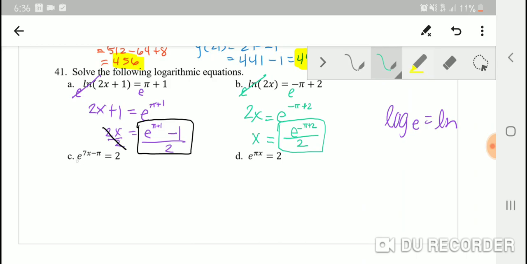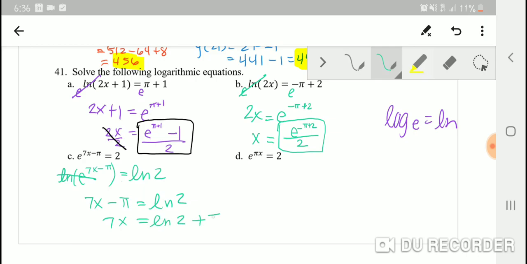For letter C, this is an exponential, so I need to use a log to solve, and it needs to be log base e, so I use ln. Natural logs and exponentials cancel. So that leaves me with 7x minus pi on that side. I'm solving for x, so I need to add pi to both sides. And then I need to divide by 7.